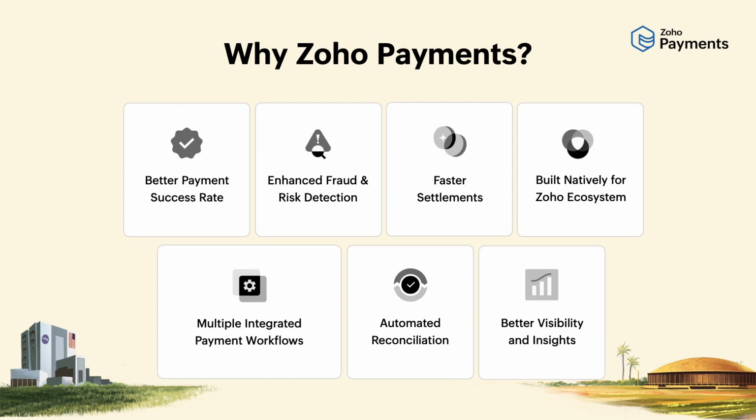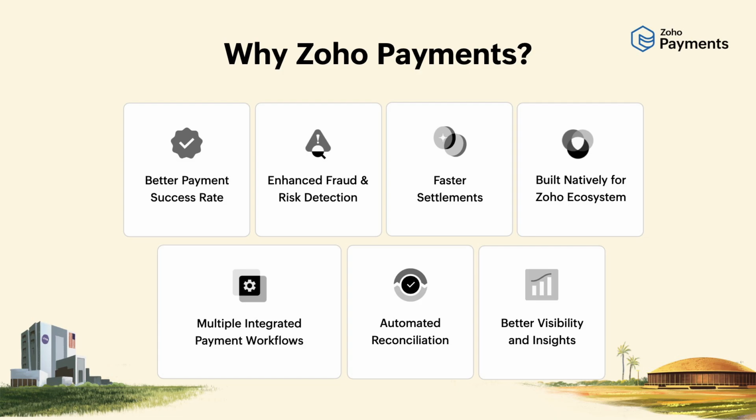And even if certain transactions go through, let's say with a stolen card, or in spite of doing a CVV check and zip code verification, every transaction comes with a risk score. It comes with a potential fraudulent alert if there is any. So it gives you an entire focus on your fraud and risk detection, and helps you to save on any chargebacks or disputes that you may encounter.